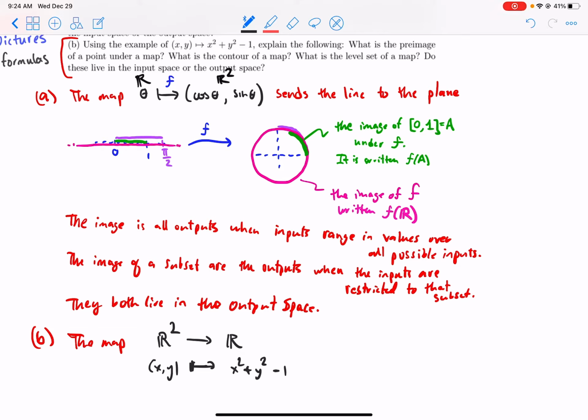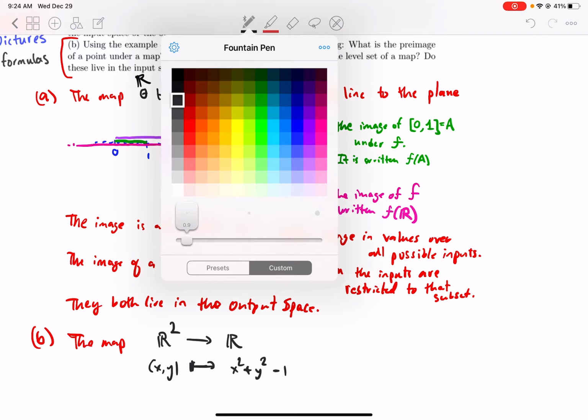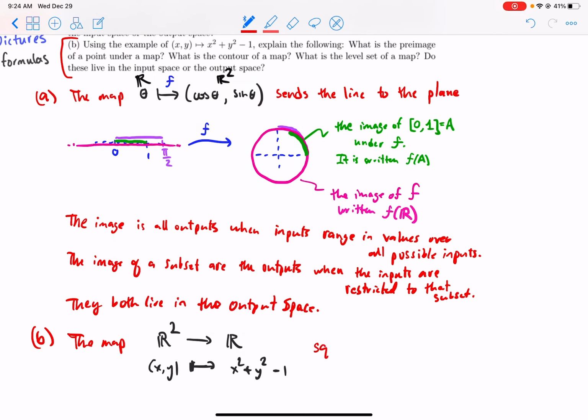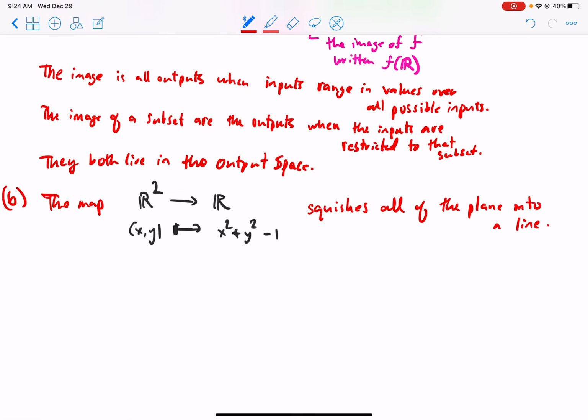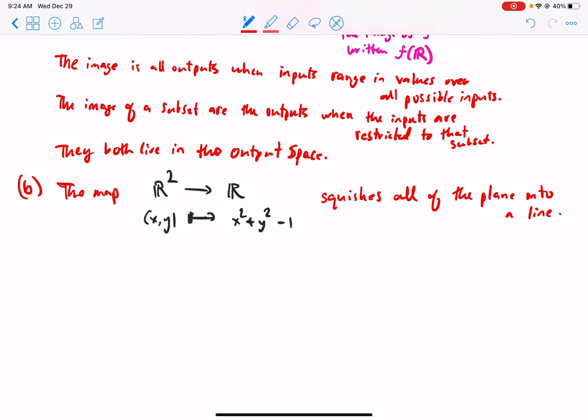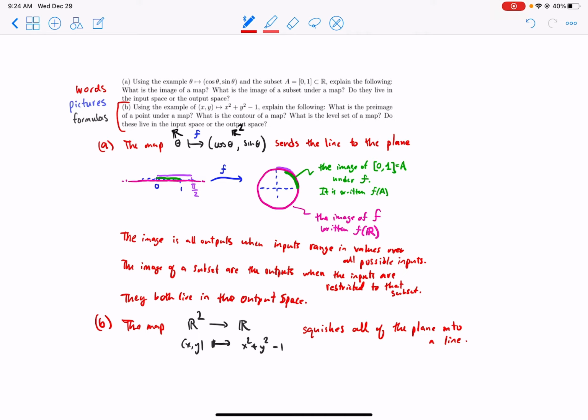Now the map squishes all of the plane onto a tiny, tiny one-dimensional line. It takes a two-dimensional thing, the plane, onto a line. So it's going to squish a lot of things. And we're going to look at what are all the things that are squished to 0.